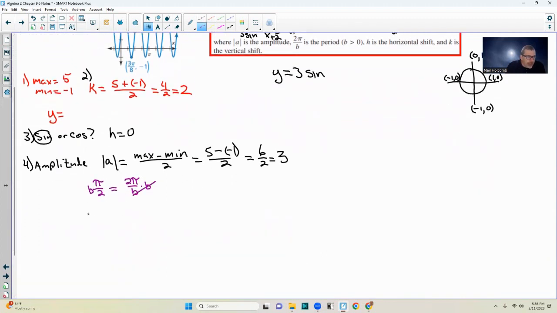I like it better. Then I get b times pi over 2 equals 2 pi. Multiply both sides by 2. These 2's cancel. I get b pi equals 4 pi. Divide both sides by pi. And voila, b equals 4. And we are done.